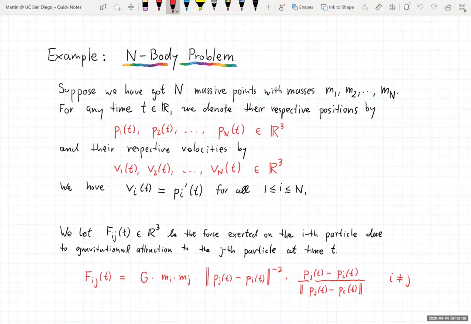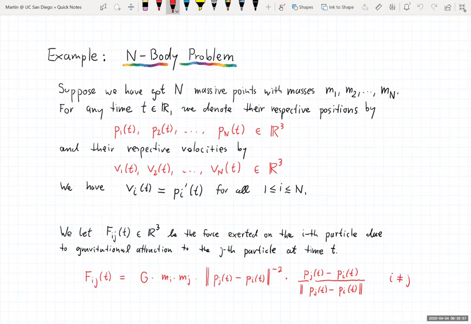So again, we keep track of the positions of these n points over time. For any time t, we denote their respective positions by the following vector-valued functions, namely p1 of t, p2 of t, up to pn of t.